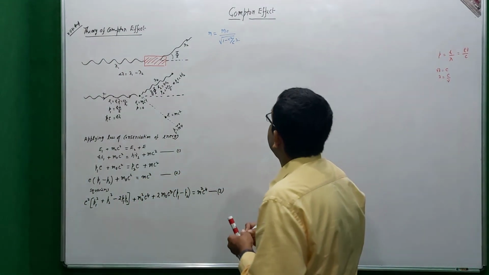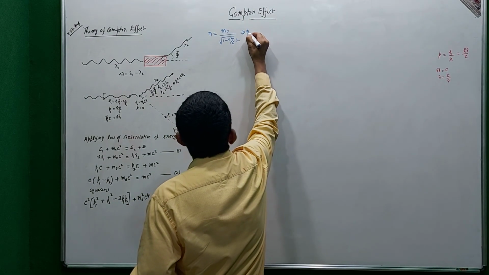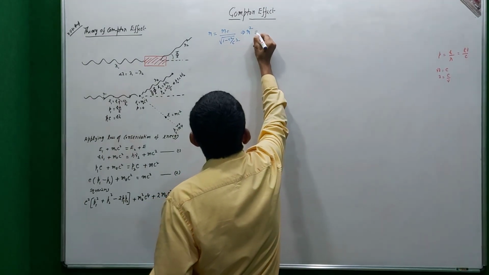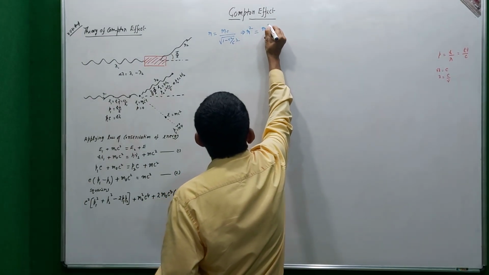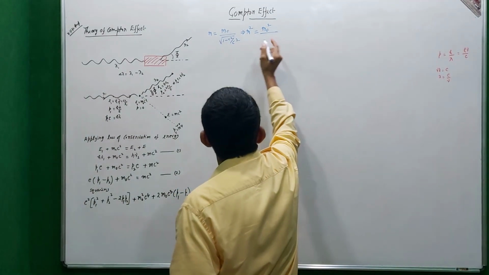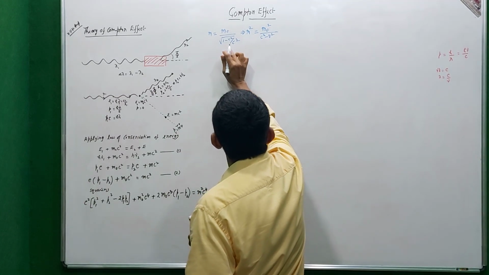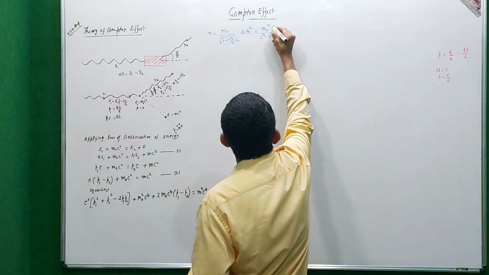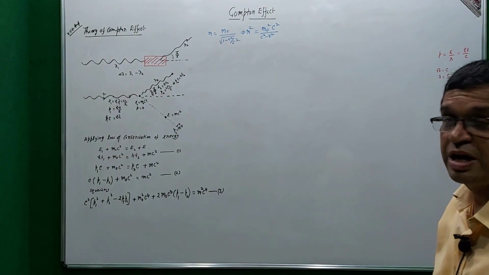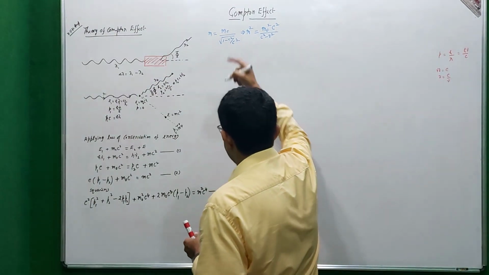Now let us square this and slightly rearrange. Therefore m square equals m naught square, and squaring the denominator, c square minus v square over c square, and c square goes to the numerator. So m square equals m naught square c square divided by c square minus v square. Let us cross multiply this.